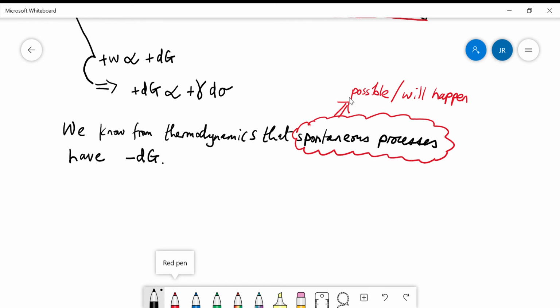Okay. So if we take that into account and go back to our process here, we can see that a positive dG is proportional to a positive d sigma, change in surface area.